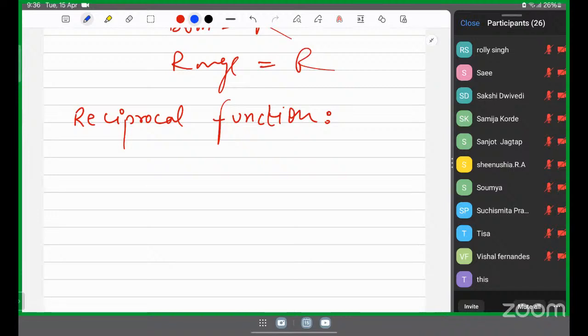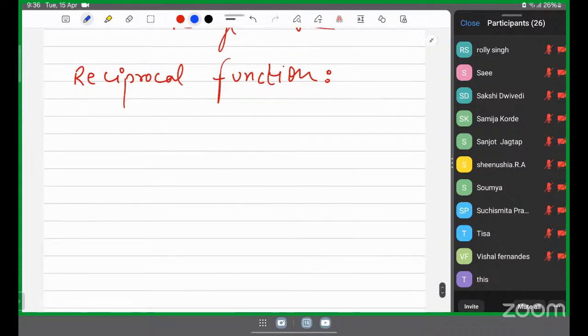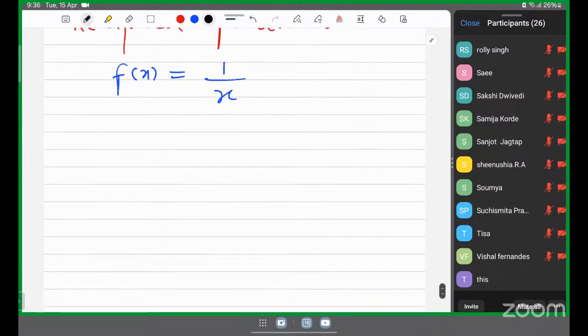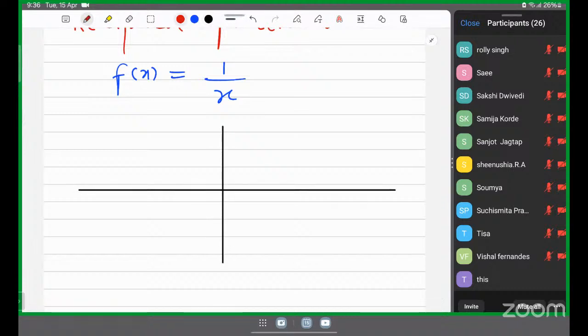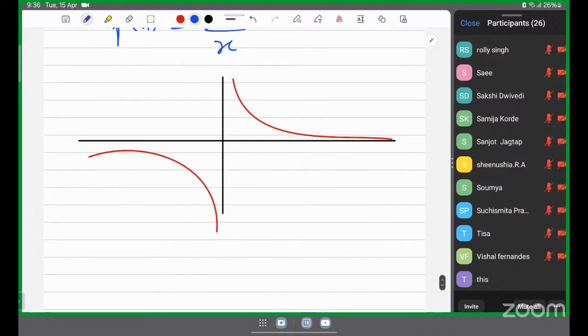Reciprocal function is f of x equals to 1 by x, and its graph is like this, which is known as rectangular hyperbola. So from the graph, what will be its domain? It can take any possible value of x except 0.